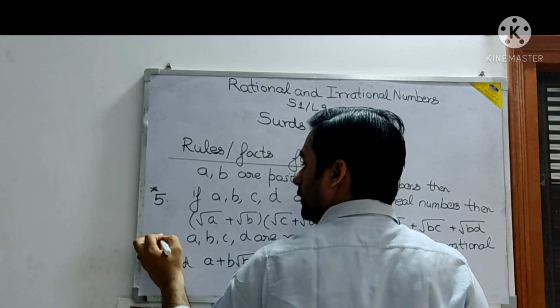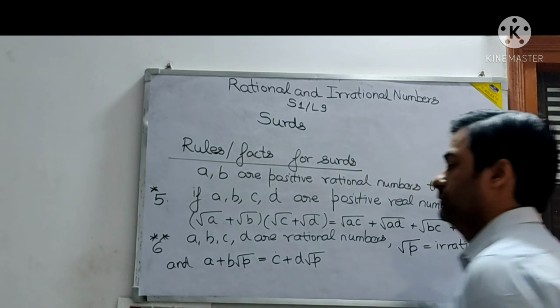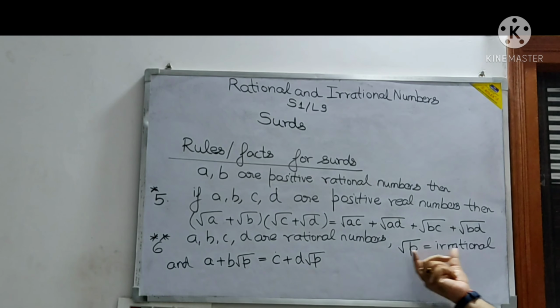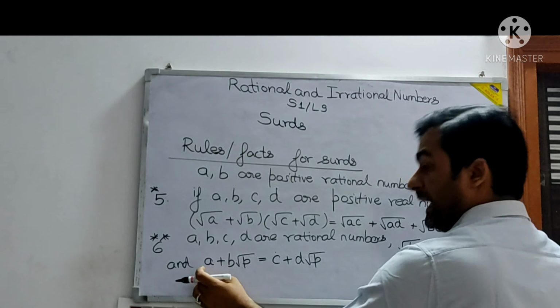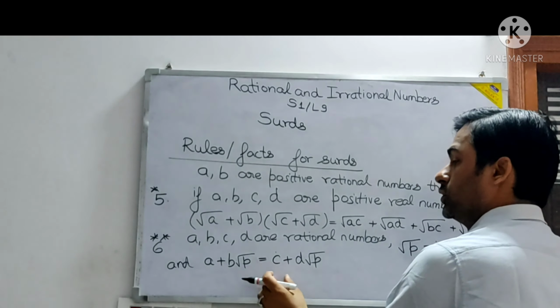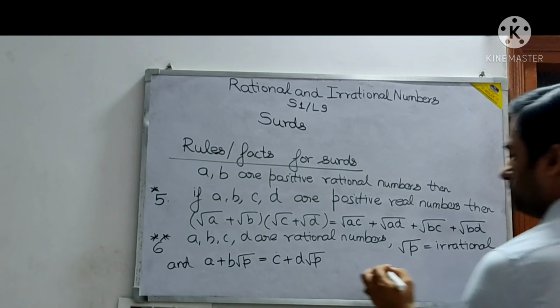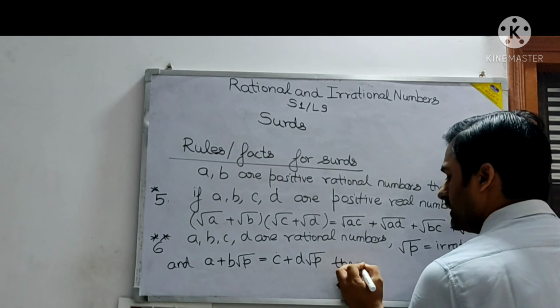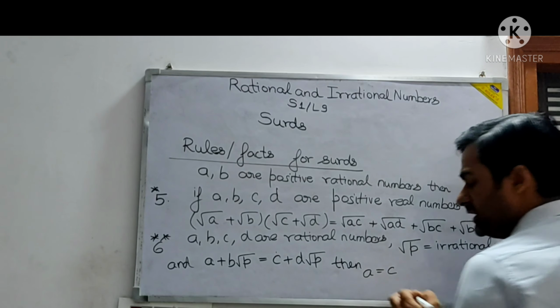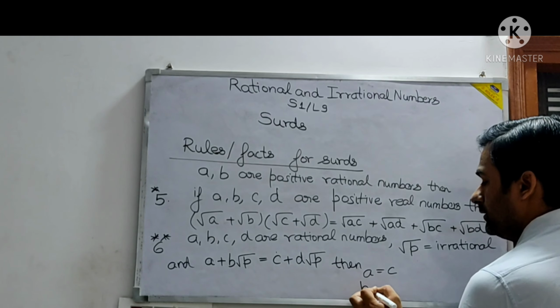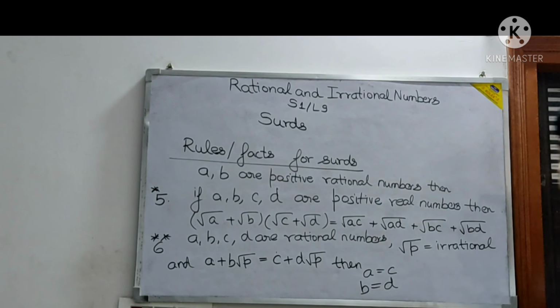This also is new for you. So if A, B, C, D are rational numbers and root P is an irrational number, and A plus B root P is equal to C plus D root P, then what you can say, A is equal to C and B is equal to D. This you can say for sure.